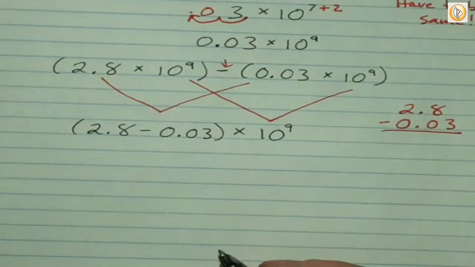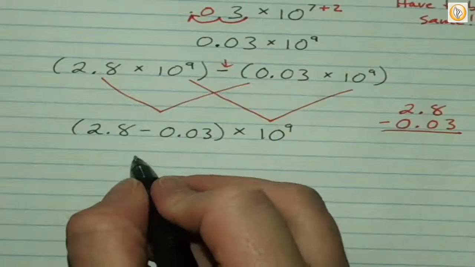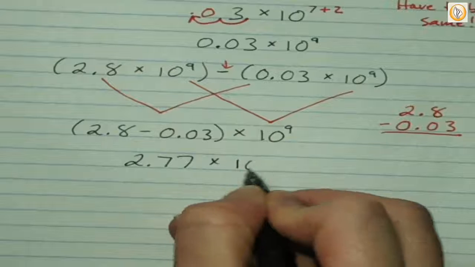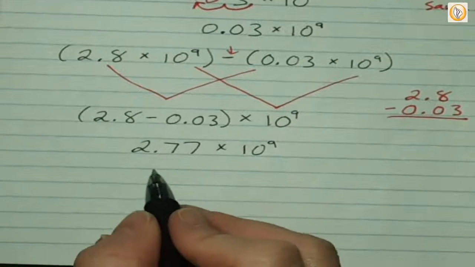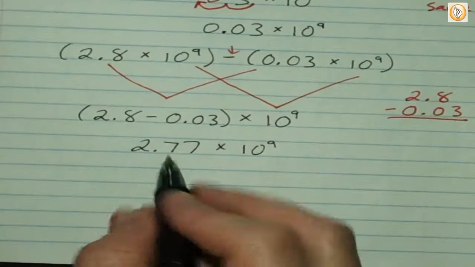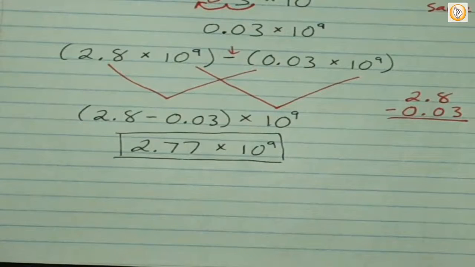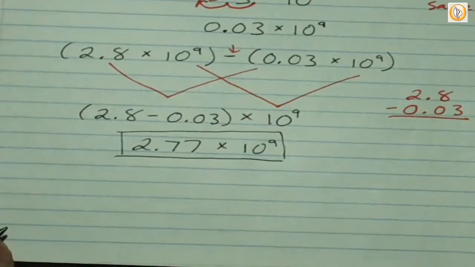And Gabby, what do you get? That's right. Times 10 to the 9th power. And Taylor, is this between 1 and 10? Yep. So we are done. Any questions? This isn't too bad, is it? Nope. Always moving it to the left. All right.